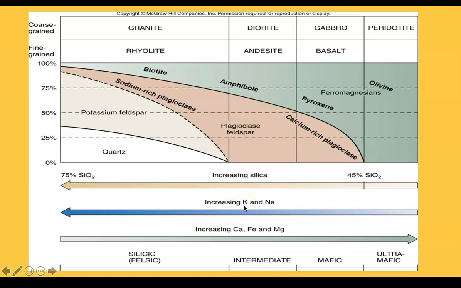Also, increasing potassium and sodium as we move towards felsic, which, again, you don't need to worry about. And as we move towards mafic, more calcium, iron, and magnesium. You see your ferromagnesiums here. That's your iron and your magnesium right there. So what it's saying is your pyroxene, which is your augite, your amphibole, which is your hornblende, and your olivine.